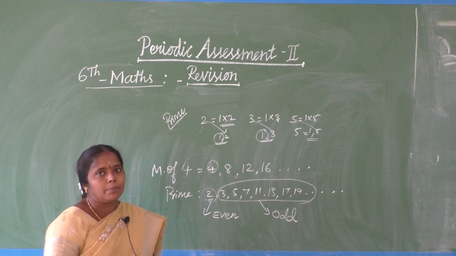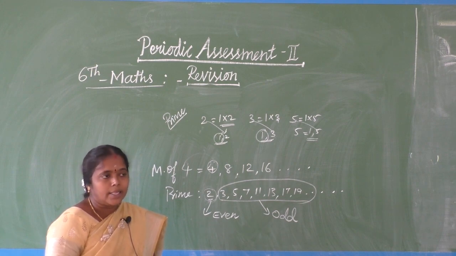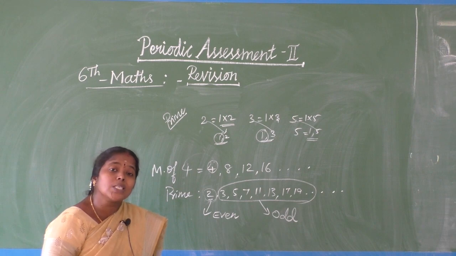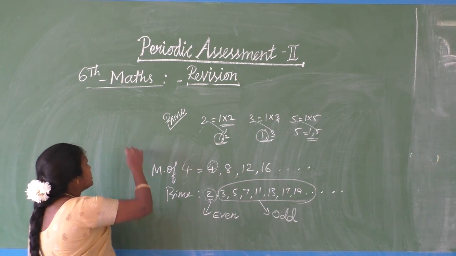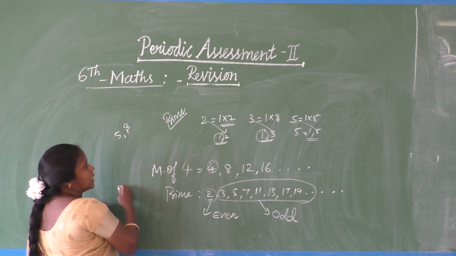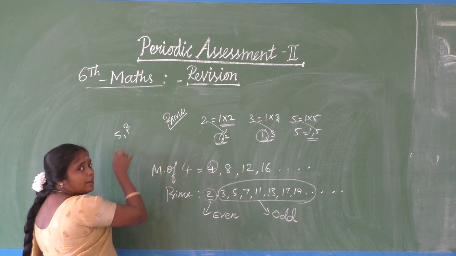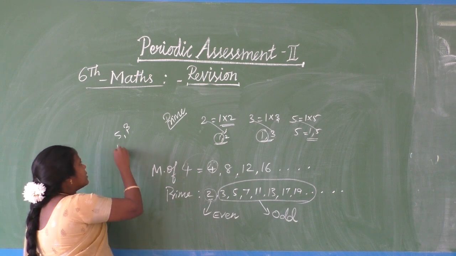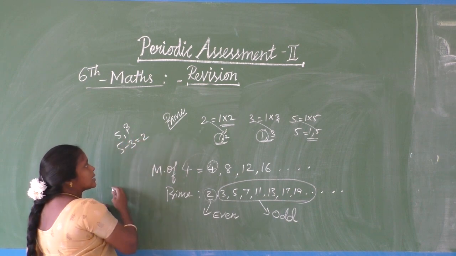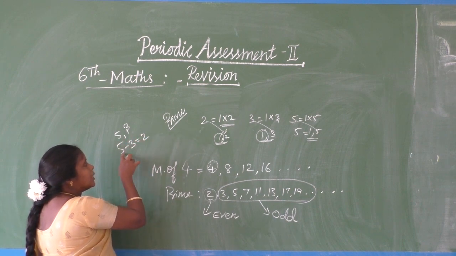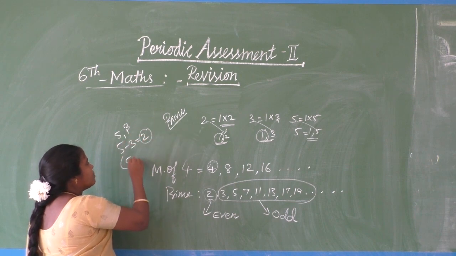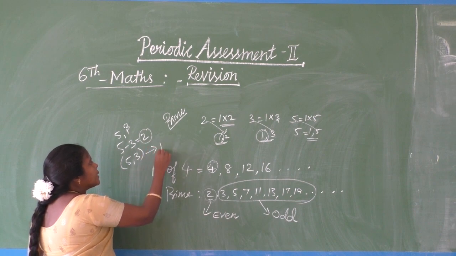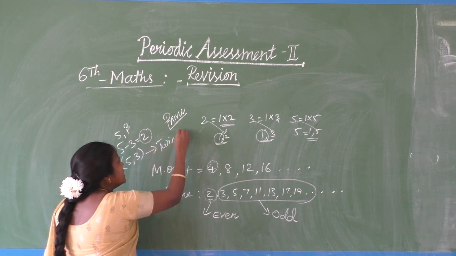For example, 5, 3. 5 and 3 are prime numbers. Subtract them, 2 is coming. So the difference between the two prime numbers is 2. Therefore, those numbers 5, 3 are twin primes.